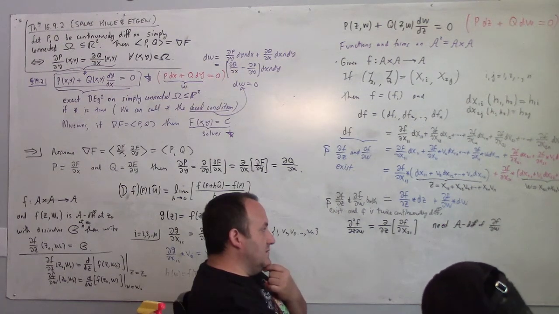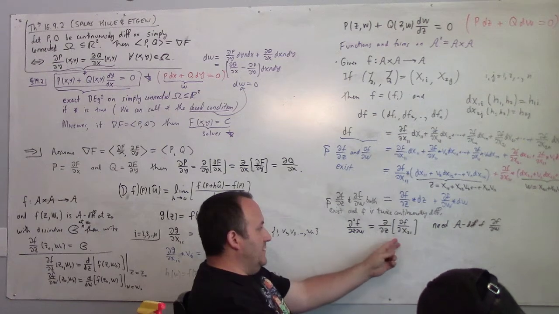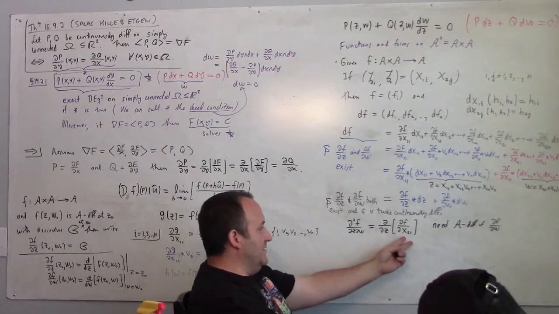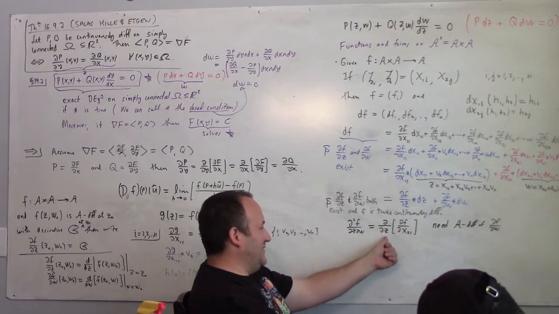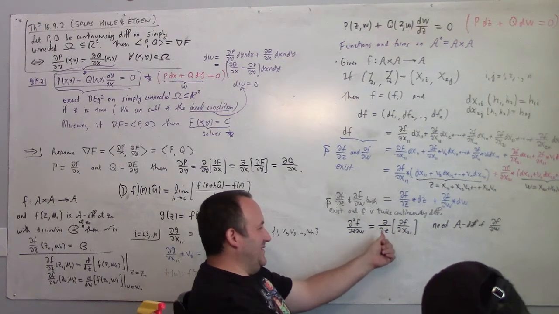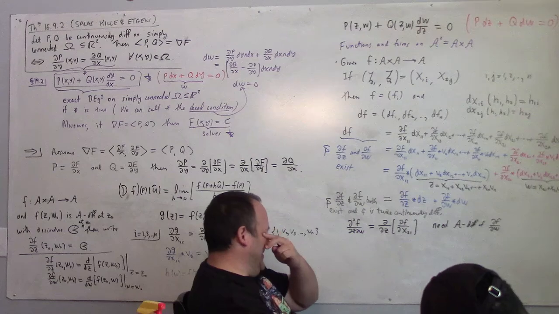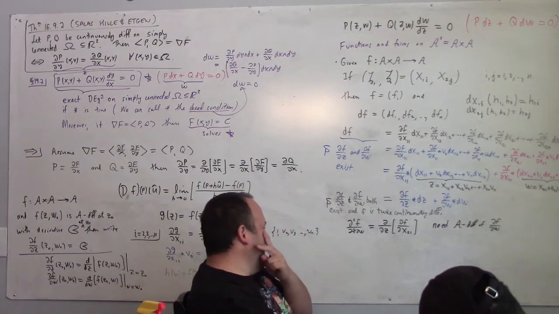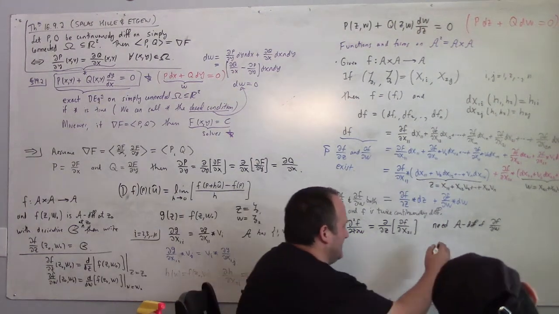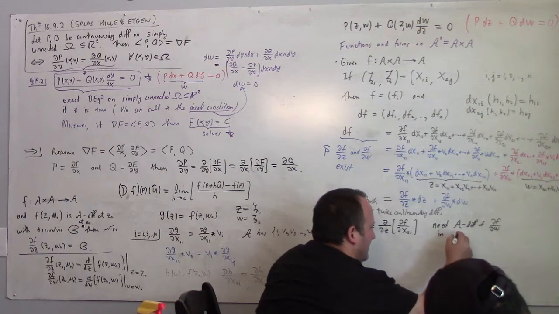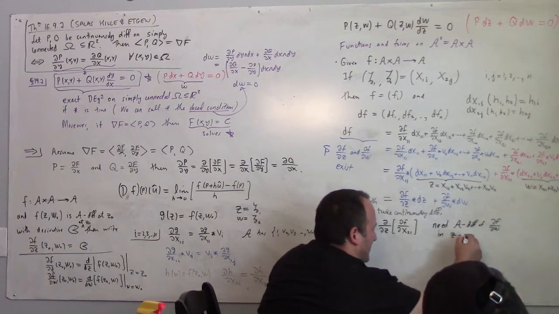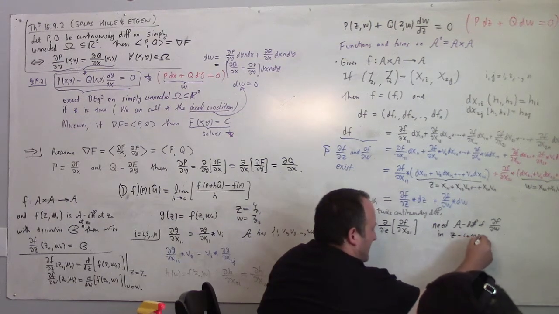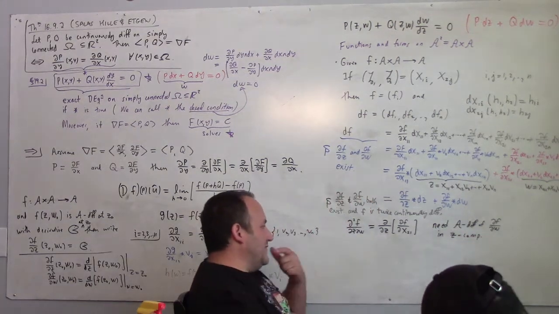Because, well, for one thing, I need differentiability of partial f, partial w in the first slot. I'll say in the z direction, in the z component, since that's without ambiguity. But it's really in the first slot.